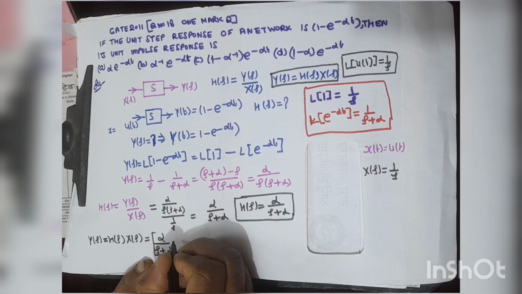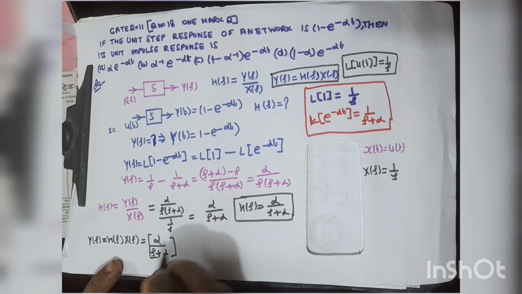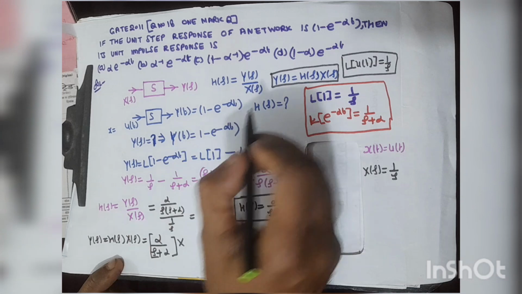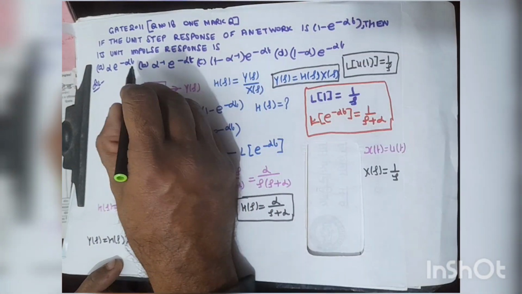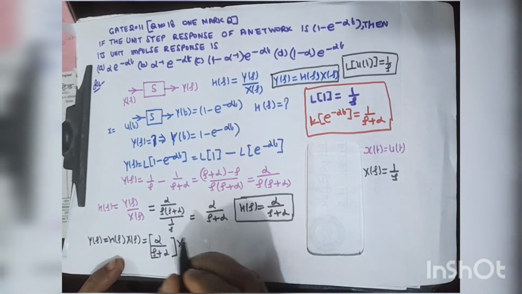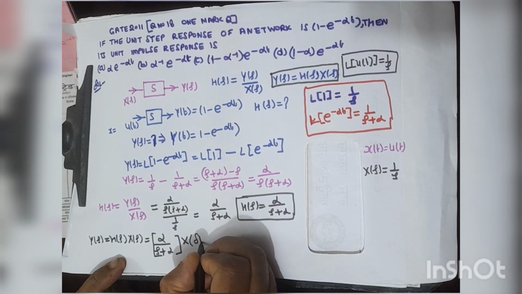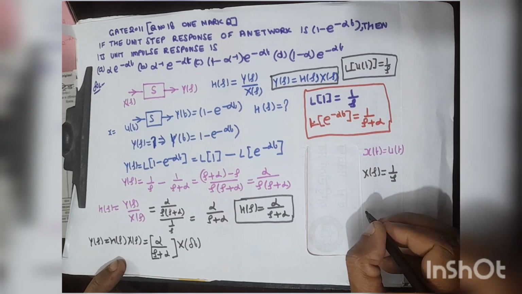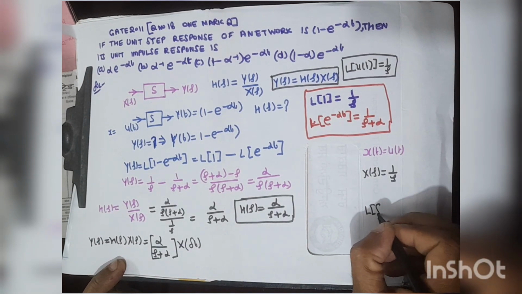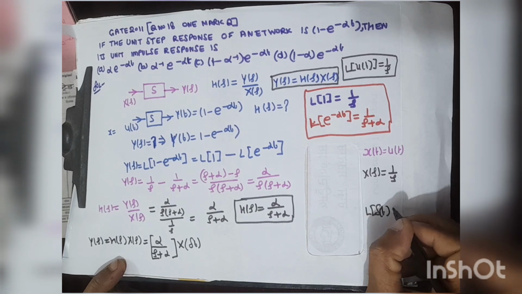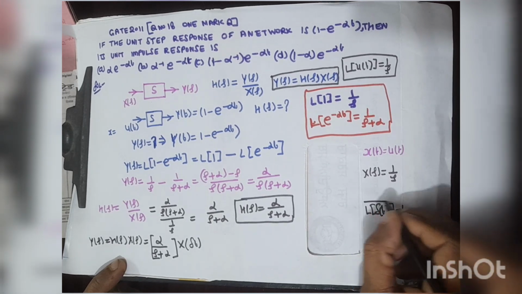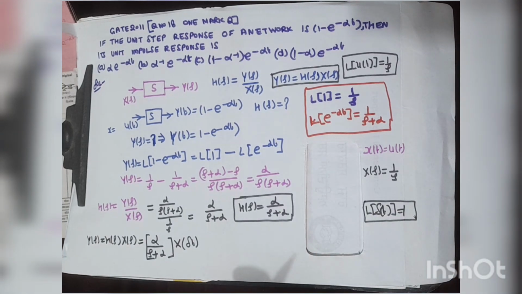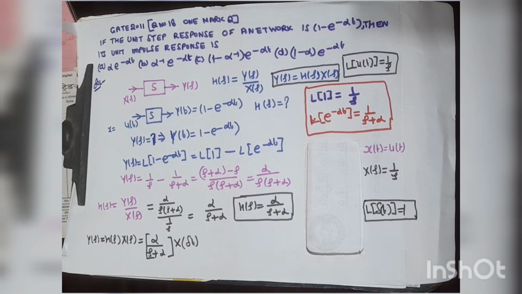Now using the formula Y(s) = H(s) multiplied by X(s), we apply the unit impulse signal. We know the Laplace transform of the unit impulse signal is 1.